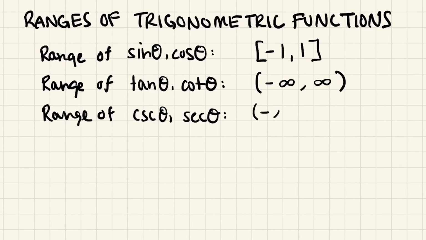So that's -infinity to -1, union with 1 to infinity. In other words, cosecant and secant of any angle will never result in 0 point something. It will always result in 1 point something, or 2 point something, or 5 point something, possibly negative. So we can use this fact to determine whether or not a statement is possible.